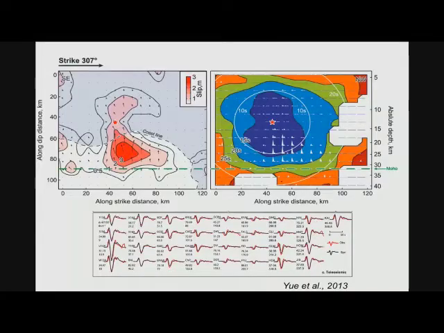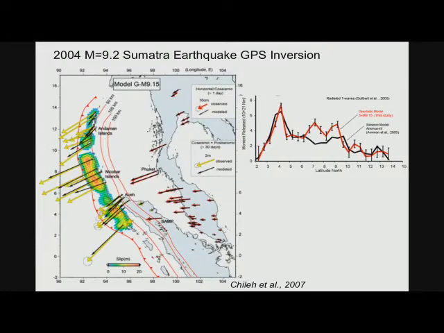And we also used high-rate GPS, which is measuring the ground displacement, but rather than just the final value at the end of the earthquake, we're including the whole time series of GPS ground motion. I didn't show that here, but from inverting seismic waves, we can determine something about where the slip is occurring on the fault.